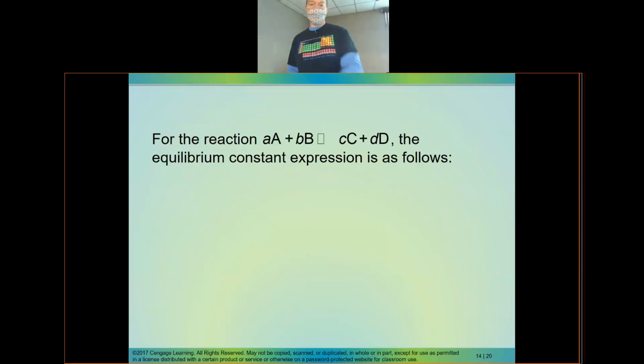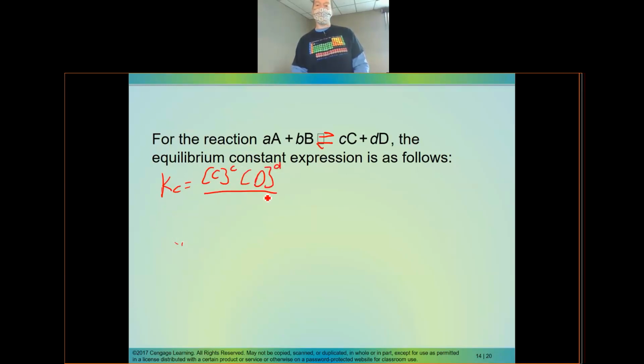Always products over reactants. All right, so if they give this and they say, here is my equilibrium by showing an equilibrium arrow, you would write that your Kc is the concentration of products, C raised to the lowercase c, and D raised to the lowercase d, over, so that's your products, C, the coefficient lowercase c, D, uppercase D, coefficient lowercase d, products over reactants.